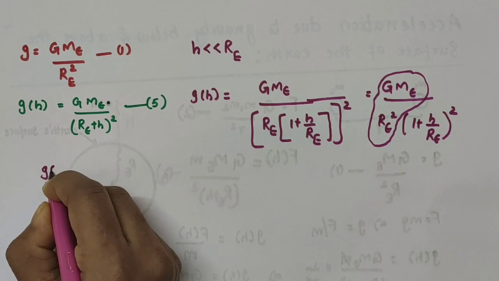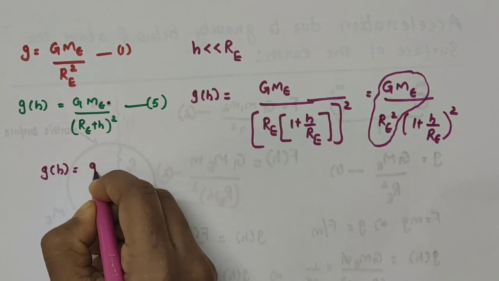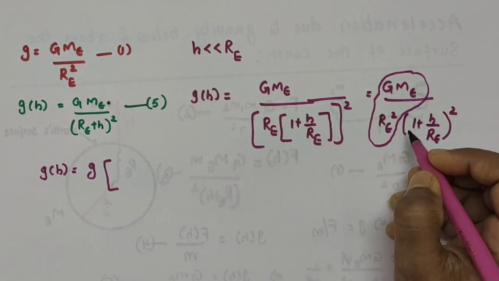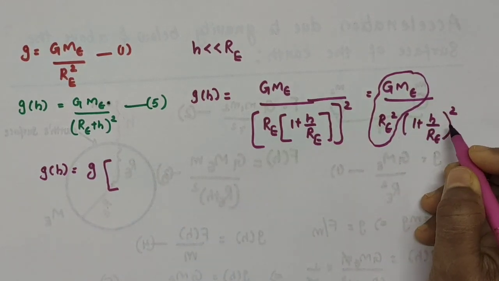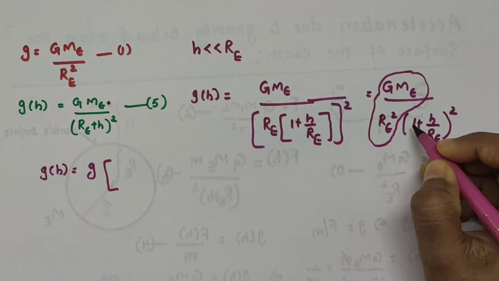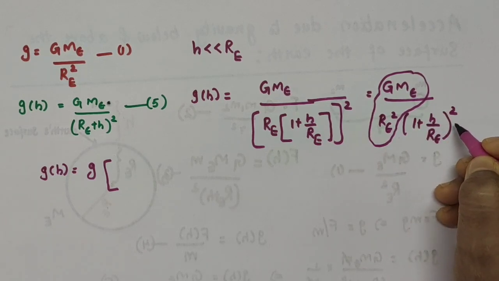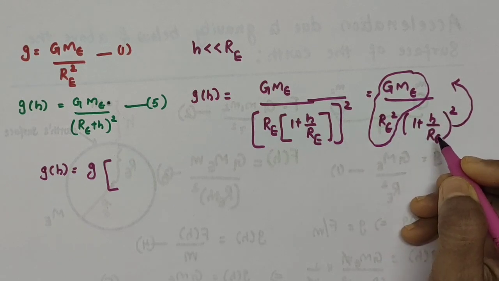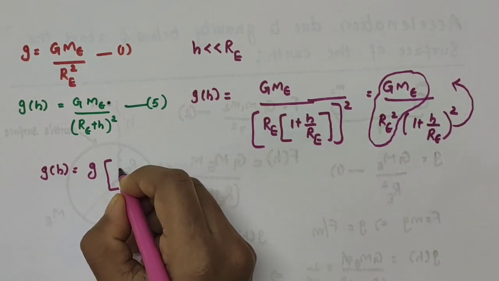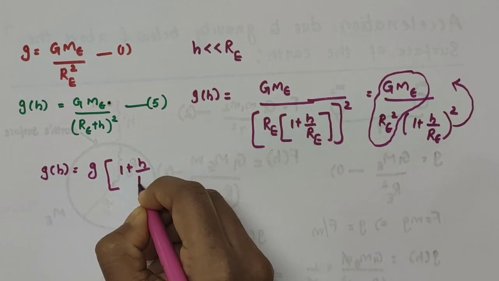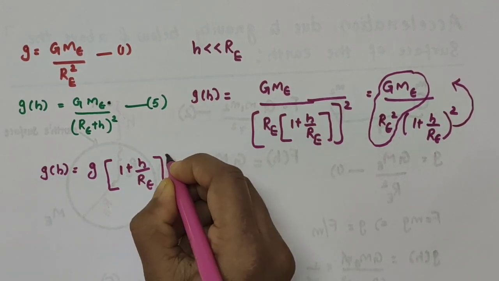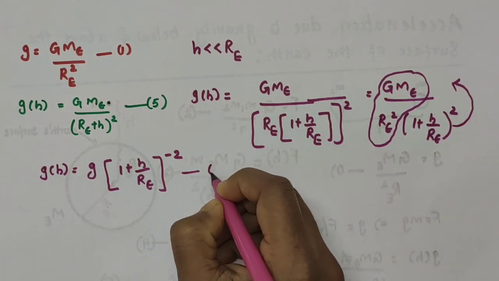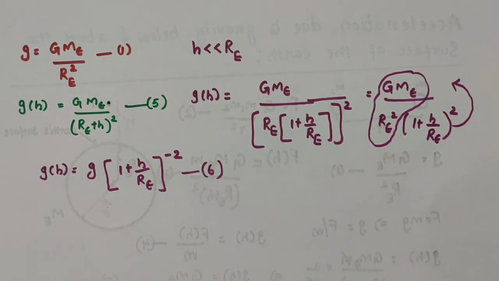So we can write g of h is equal to small letter g into 1 by (1 plus h by Re) the whole square. When I take this (1 plus h by Re) the whole square from the denominator to the numerator, it becomes (1 plus h by Re) raised to minus 2. So we can write g into (1 plus h by Re) raised to minus 2. I am taking this as equation number 6.